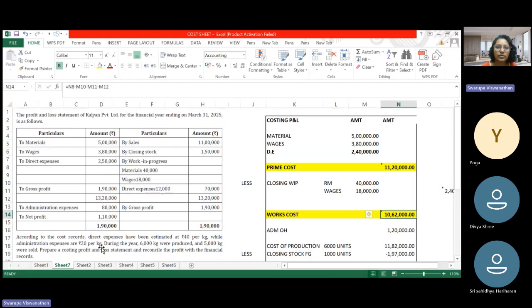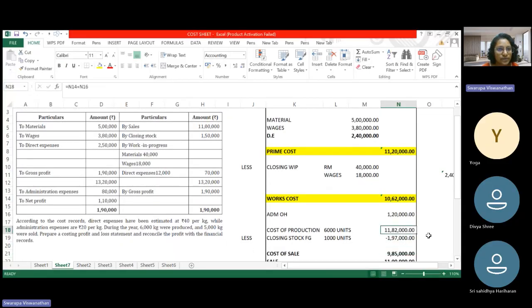Admin is 20 into 6,000, 1,20,000. We will not consider what is given in the financials. We will get cost of production. That is 10,62,000 plus 1,20,000, which is 11,82,000. So 11,82,000 is the cost of producing 6,000 kgs of this particular product.